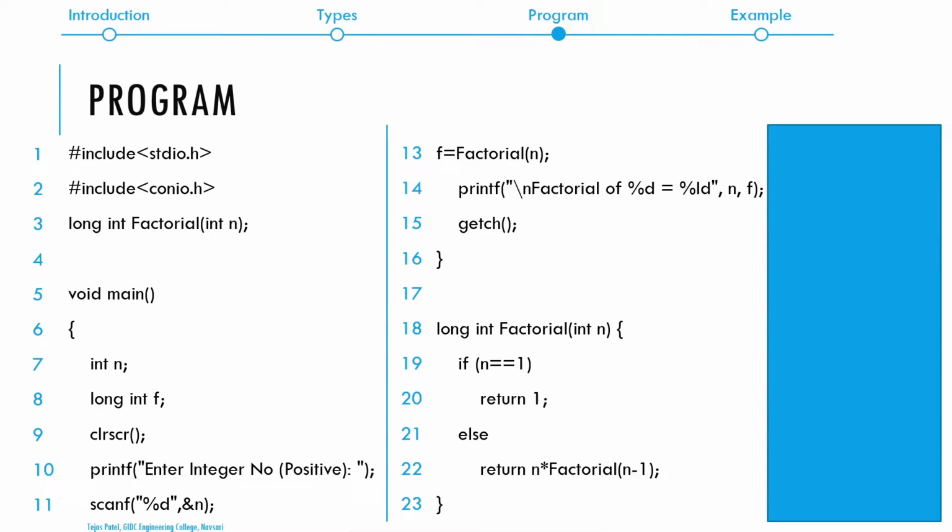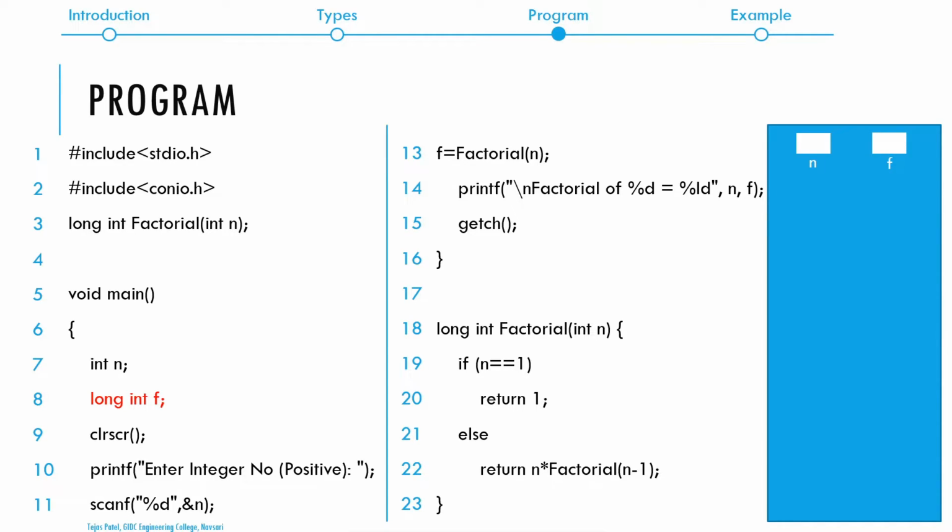Moving on to the first line of main, we have integer n, which declares the n variable to store the user input. Similarly, next line declares the f variable, which will store the calculated answer of factorial.